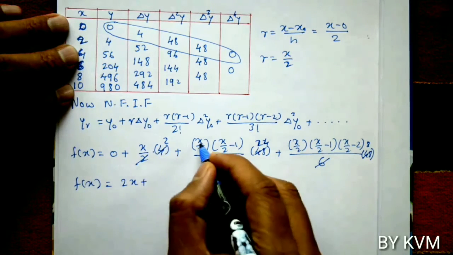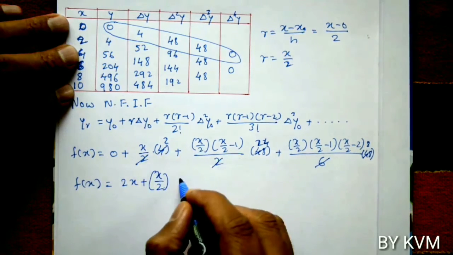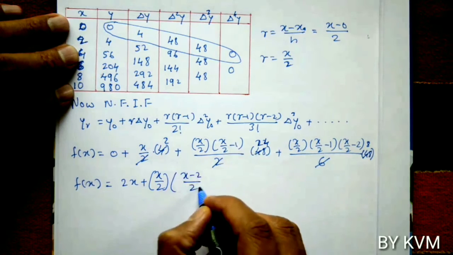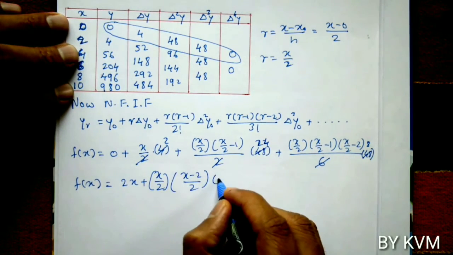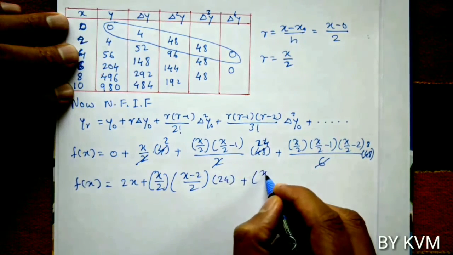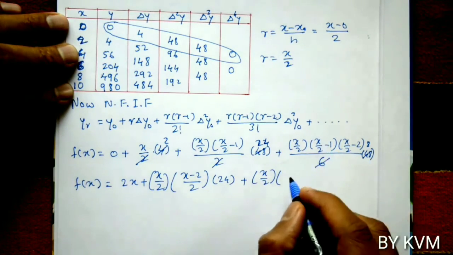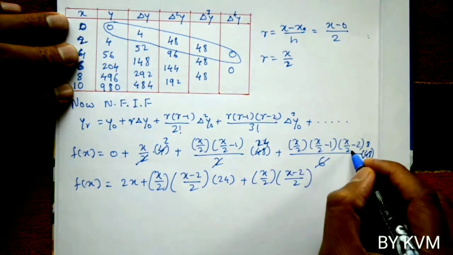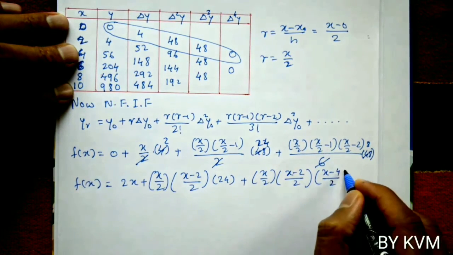So 2x plus x by 2 into, now take LCM, x minus 2 by 2 into 24, plus x by 2 into x minus 2 by 2, since x by 2 minus 1 is x minus 2 by 2, and x minus 2 minus 2 is x minus 4 by 2, into 8.